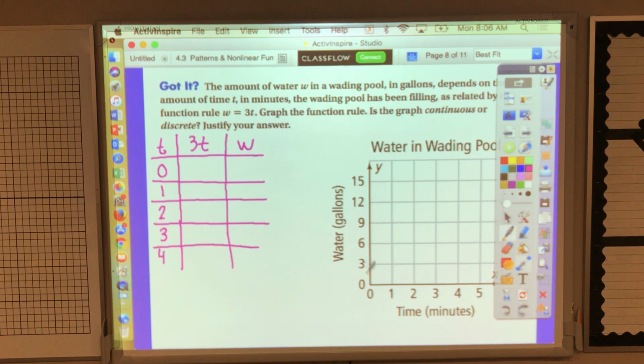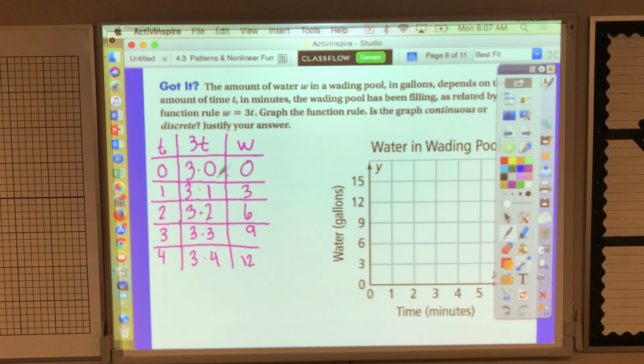They're going by 1s in time, so I went by 1s in my table, starting at 0 because I can't fill water for a negative number of minutes. So substitute: 3 times 0 is 0, 3 times 1 is 3, 3 times 2 is 6, 3 times 3 is 9, and 3 times 4 is 12.